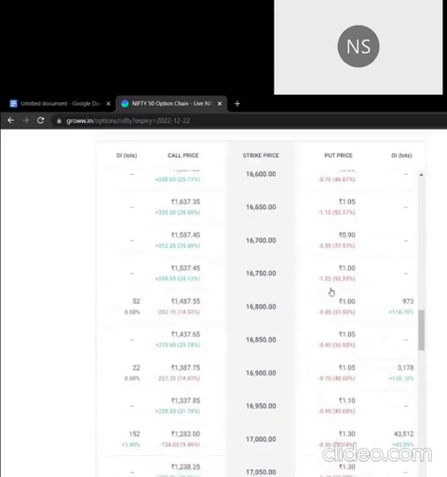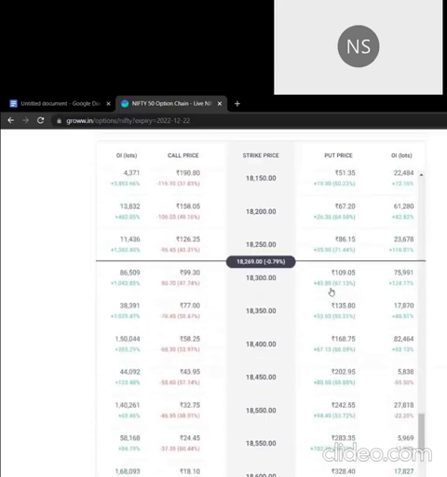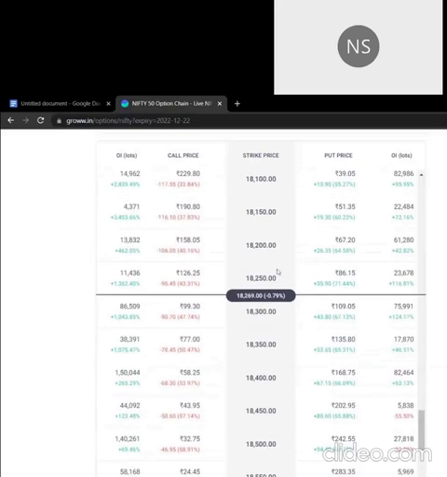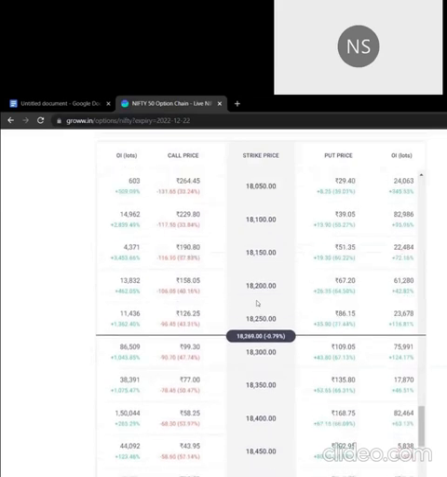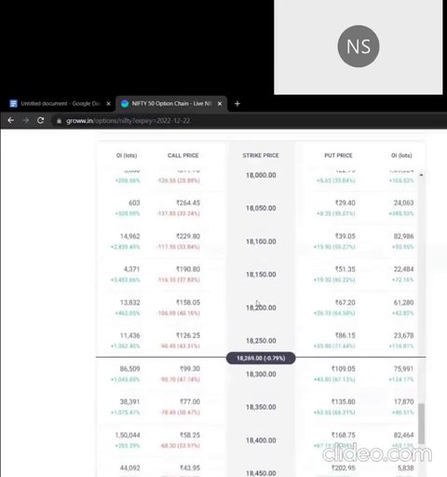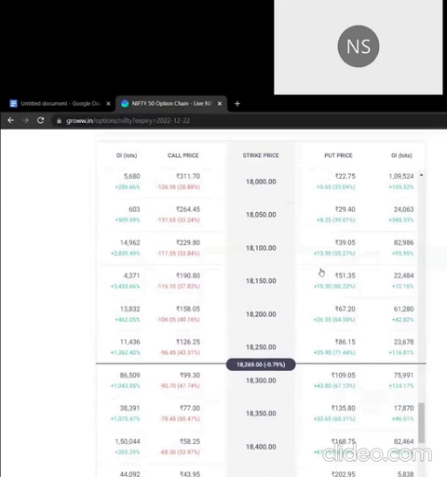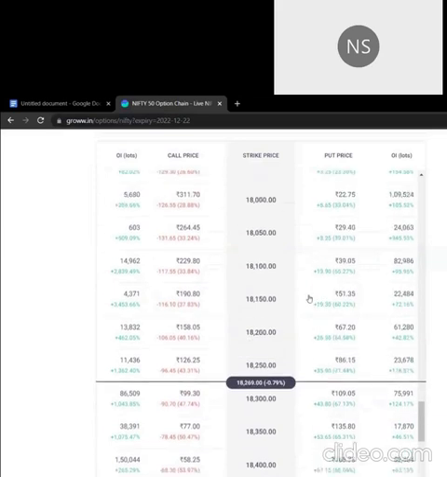While the ones that are closer to the market, let's say 18,250, are as high as 86 rupees. Or even if we look at the call prices, then they are as high as 99.3 rupees. So this is what options decay basically is: as we approach the time of expiry, the price of the options that are relatively far away from the actual market value goes down.